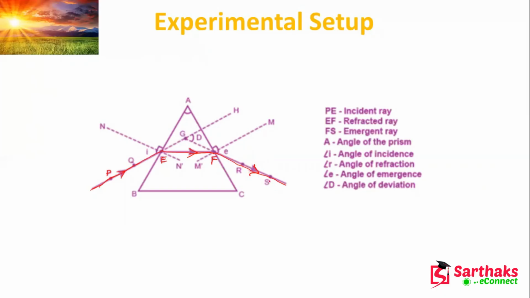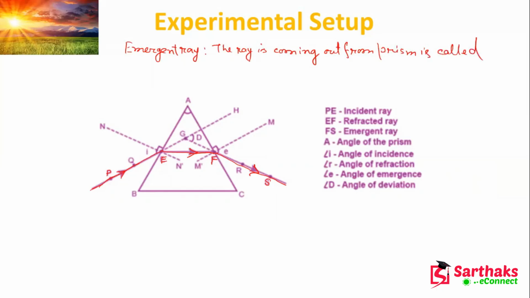So FS, if this is your S, FS is the emergent ray. The ray coming out from the prism is called the emergent ray.